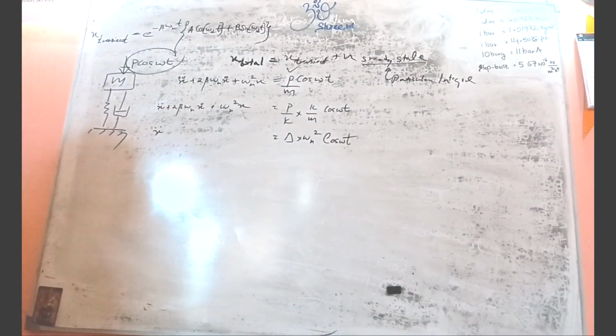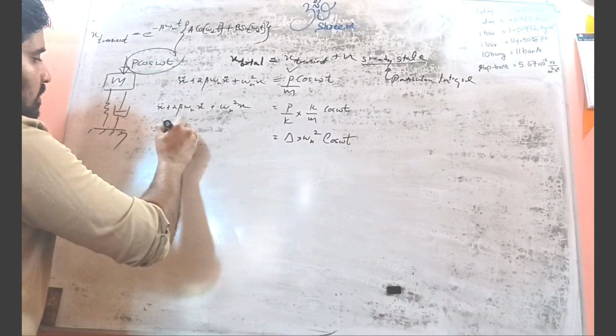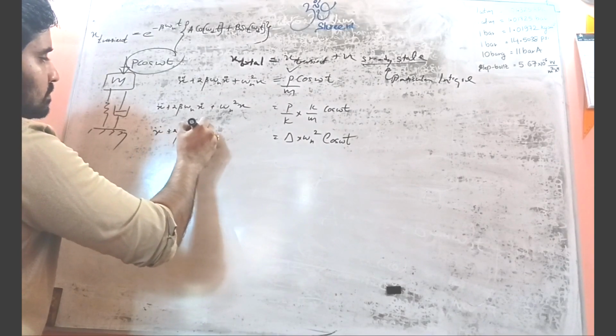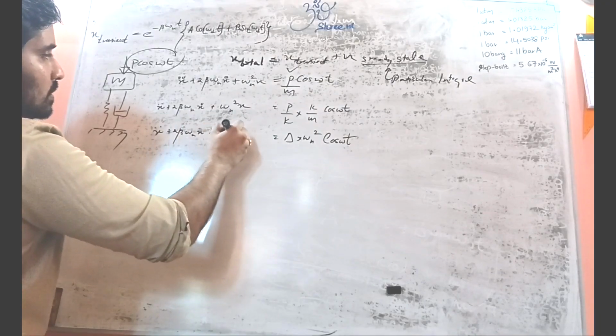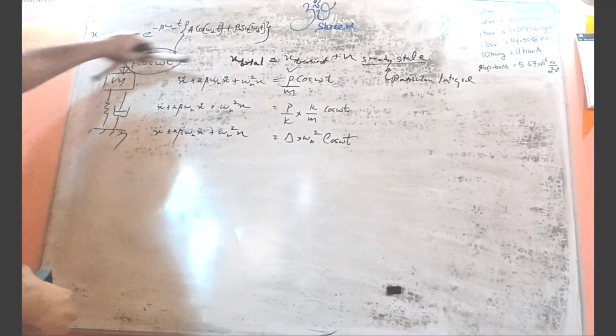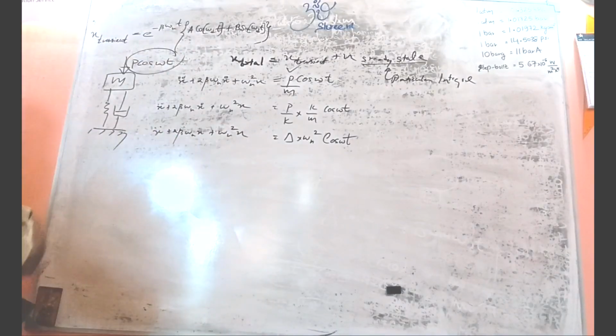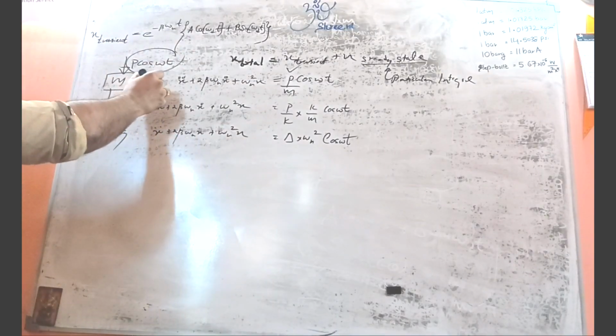So now x double dot plus 2 beta omega n x dot plus omega n squared x, right? So now this is what you have. We have the excitation force, and then we have this response which is x, right?